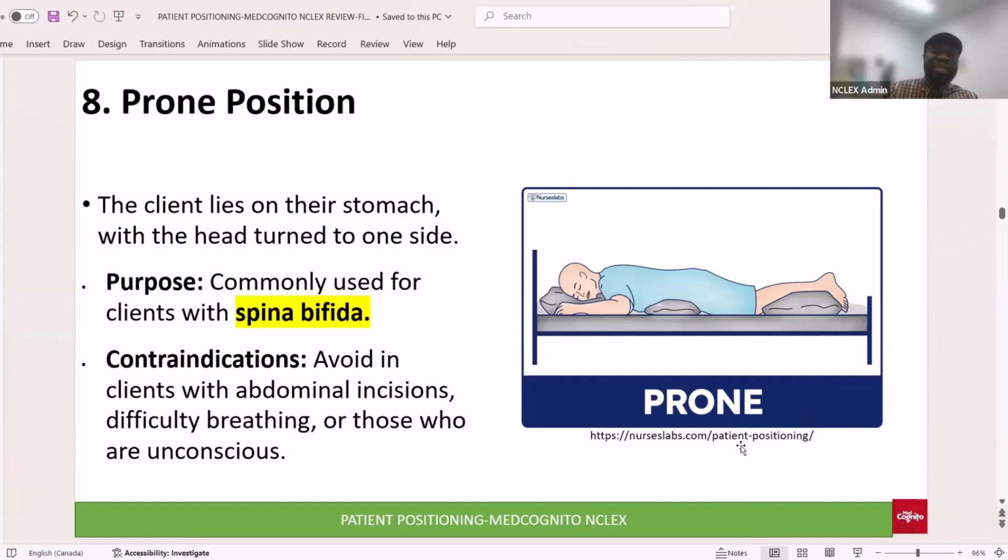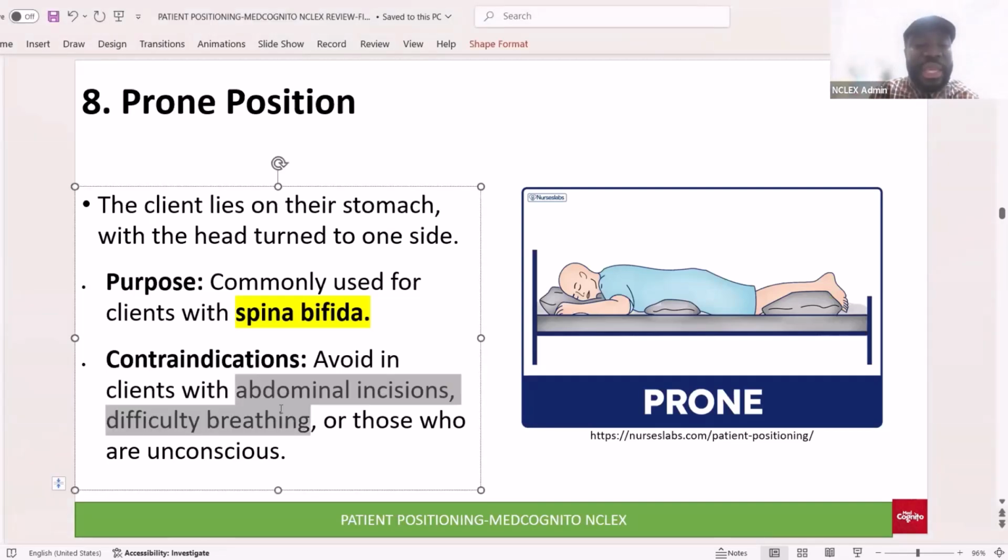There are some clients in whom you need to avoid the prone position. You need to avoid it in clients with abdominal incisions, because they would be lying on the abdomen. So avoid it in patients who have just had an abdominal incision, patients who have difficulty breathing, and patients who are unconscious.